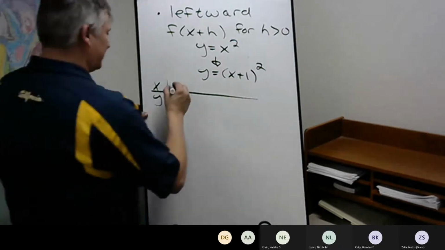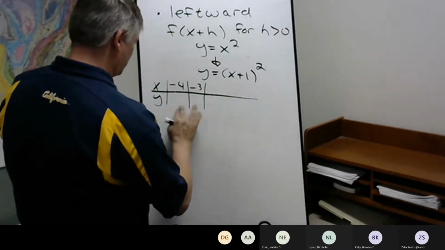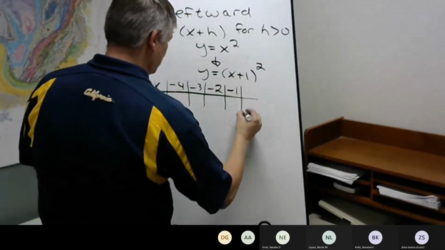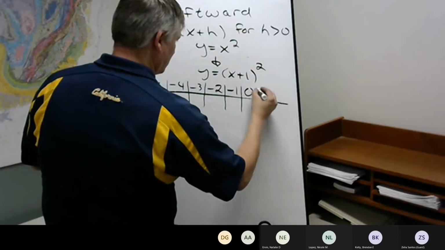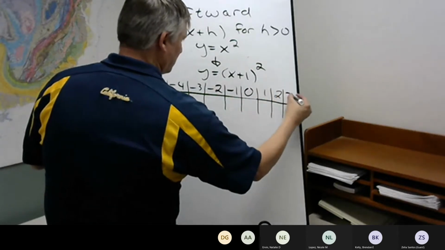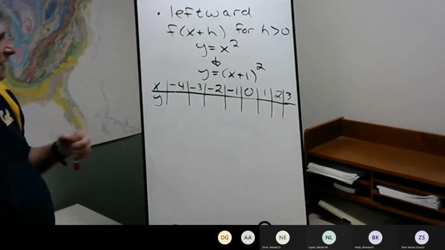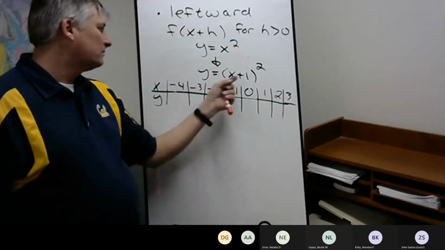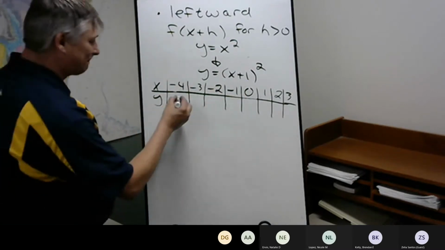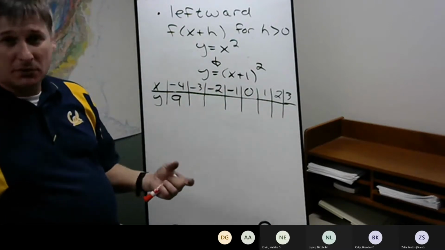So I'm going to do some extra points here. We'll go on like this. So negative 4 plus 1 is negative 3. And square it, you get 9. Negative 3 plus 1 is negative 2.